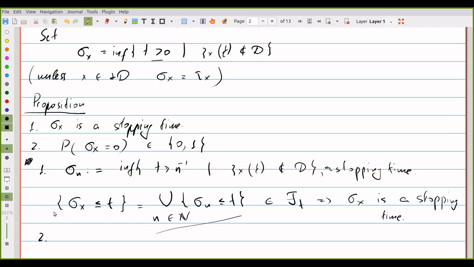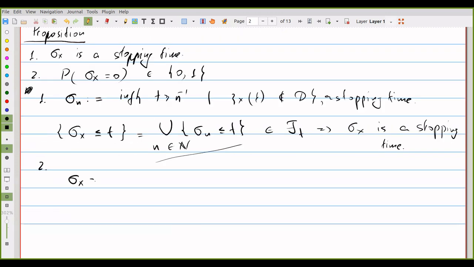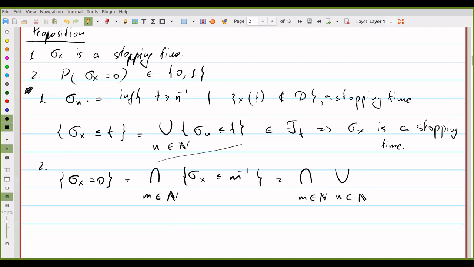Now for the second part, the argument is pretty much what we already have. You just need to take a standard application. Sigma x less than m minus 1 is a union by the previous step of sigma n less than m minus 1. Now this belongs to F 0 plus.